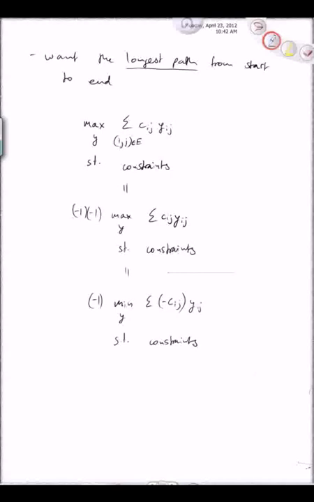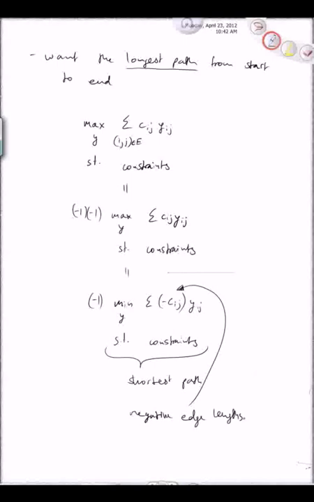And the reason that we did this is because this inner problem here now is just a regular old shortest path problem, except now it has some negative edge lengths. So what this tells us is to find the longest path from start to end, we can find the shortest path where we change all of the lengths to be negative.